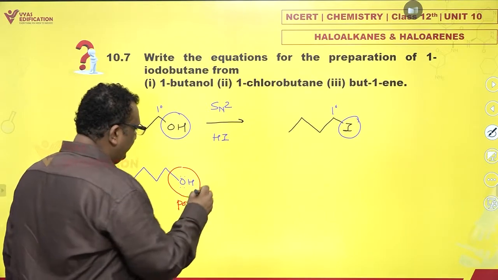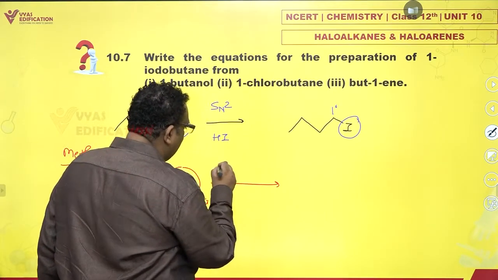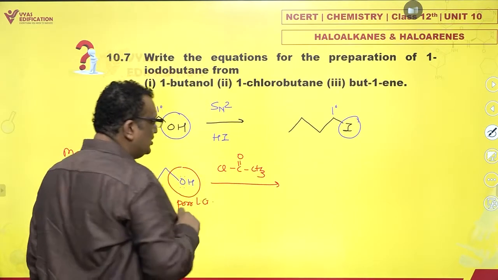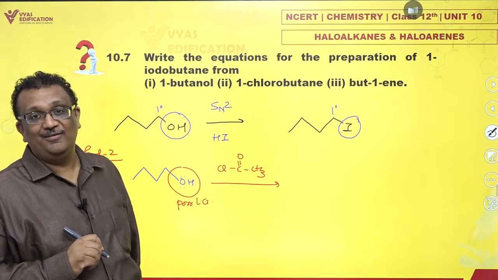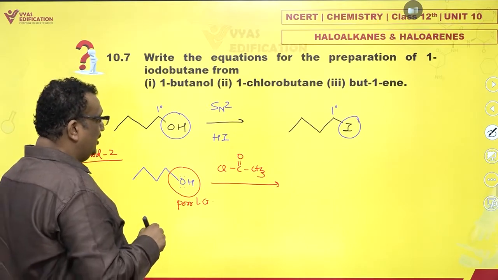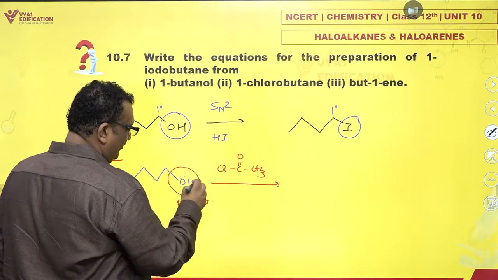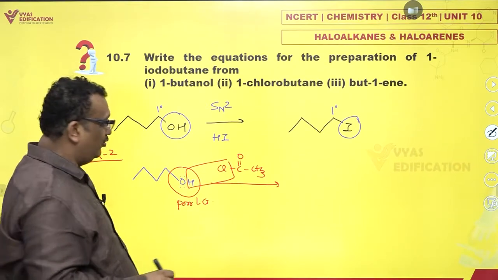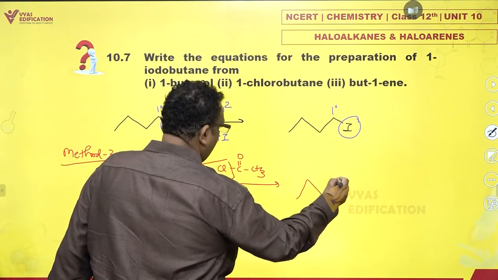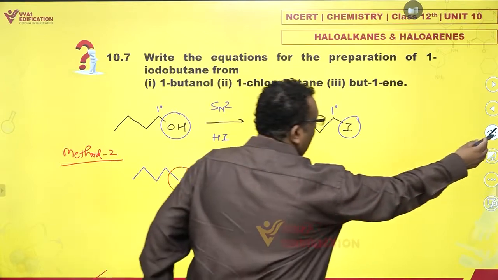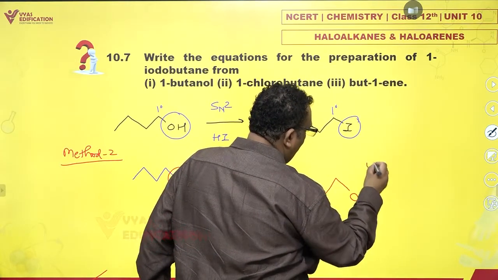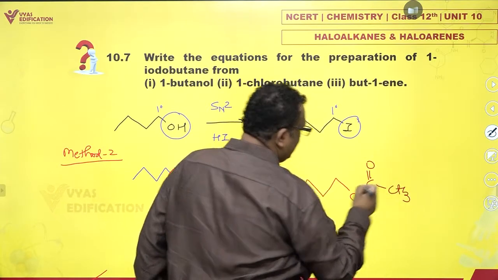Treat this with CH3COCl. What is this? This is acetyl chloride. What happens? Once they react, HCl goes away and this O gets attached to COCH3 like this.